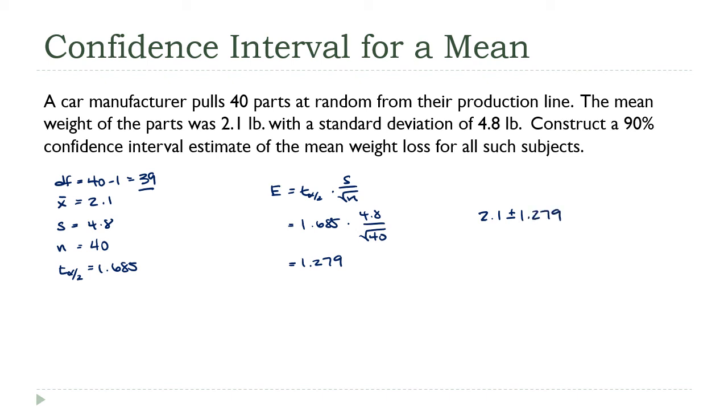And if you want to work that out, 2.1 minus 1.279 is 0.821, and 2.1 plus 1.279 is 3.379. So I am 90% confident that the average weight of these parts is going to be between those two numbers.